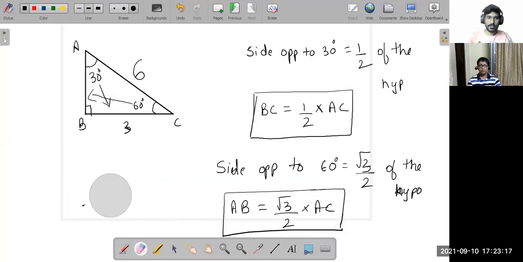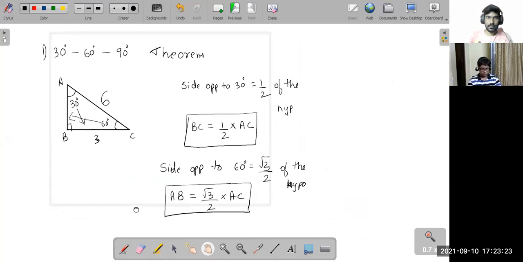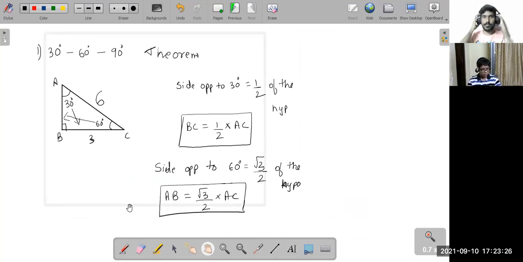Write it in your notebook. First the 30, 60, 90 theorem. Just write this in your notebook. Draw the diagram also.